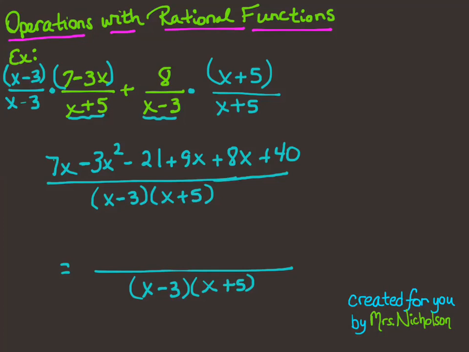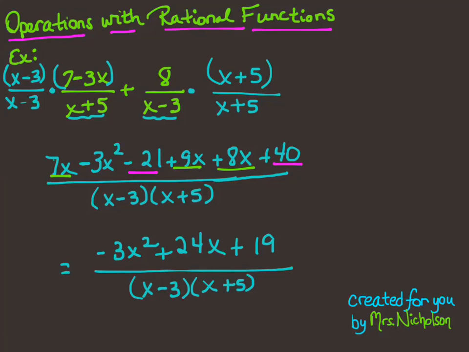In the numerator, though, I have negative 3x squared, and then I have 7x plus 9x, which would be 16x, plus 8x would be 24, so plus 24x. And then I have minus 21, or negative 21, and plus 40. So that would be plus 19. And that would be our final answer.